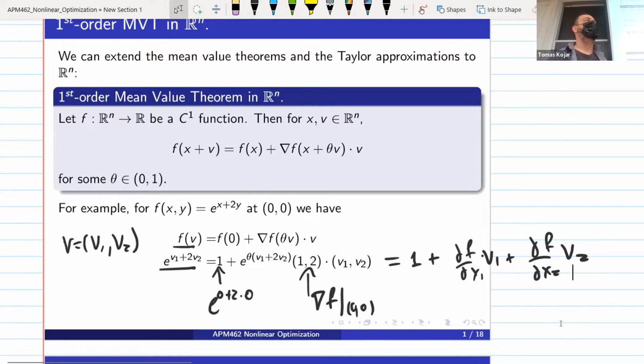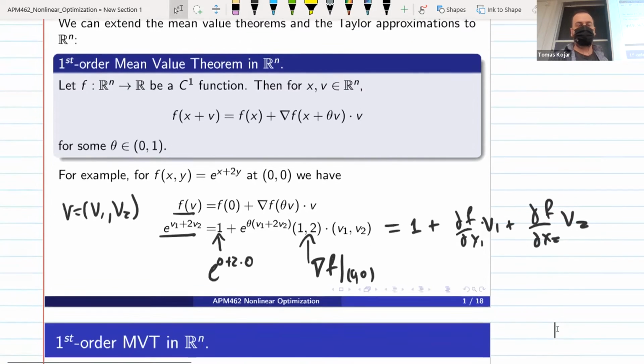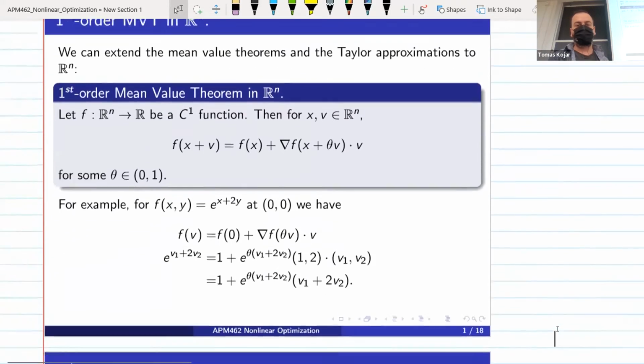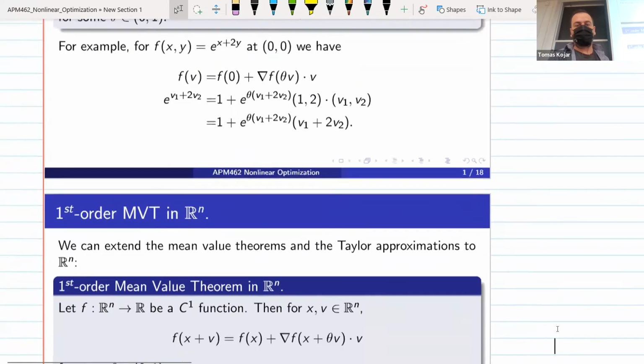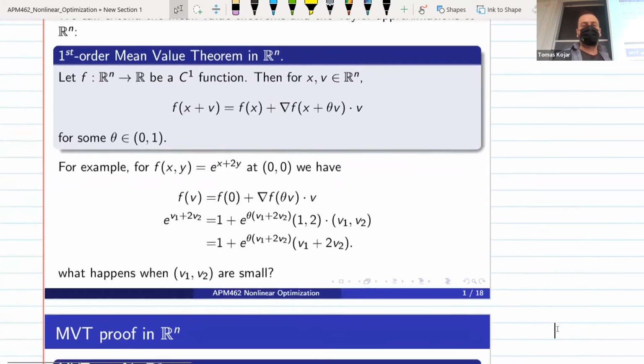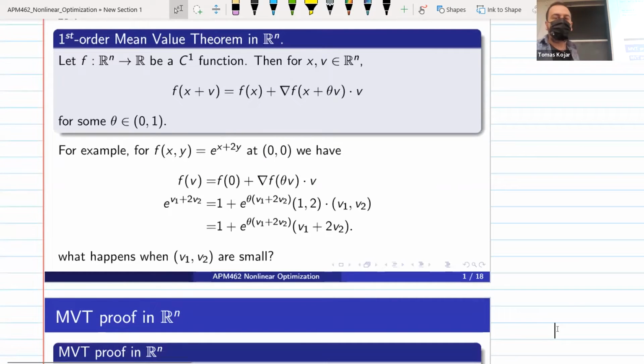Is that okay? All right. So the proof is identical. A question: what happens when v1 and v2 are small?